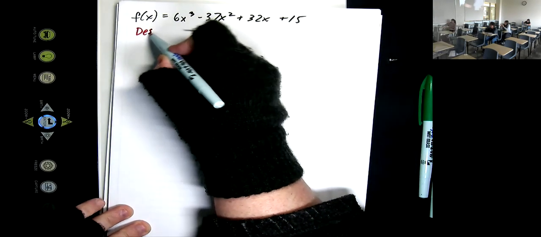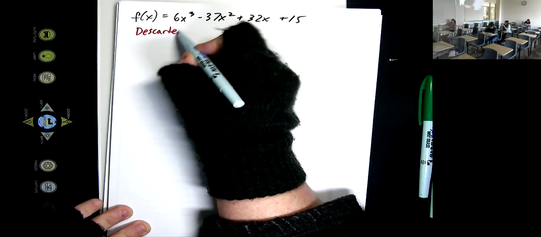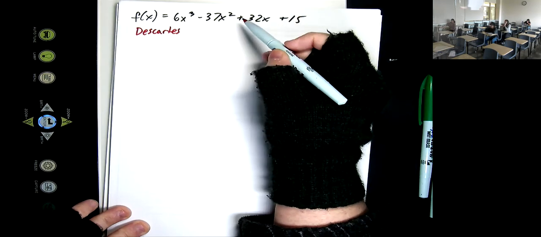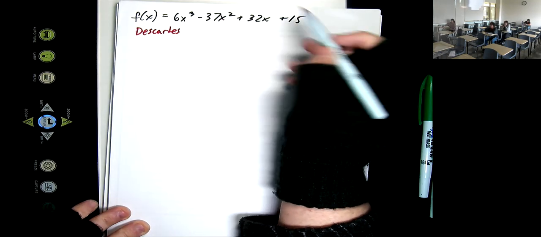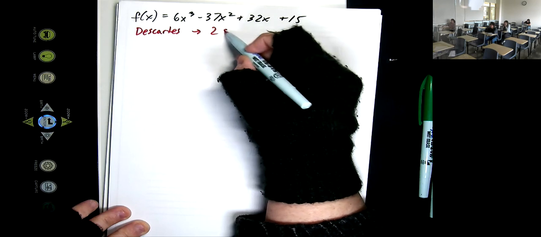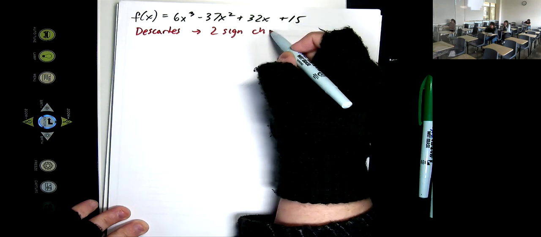So by Descartes' rule, I see that it changes signs twice. 2 sign changes, which means 2 positive roots.